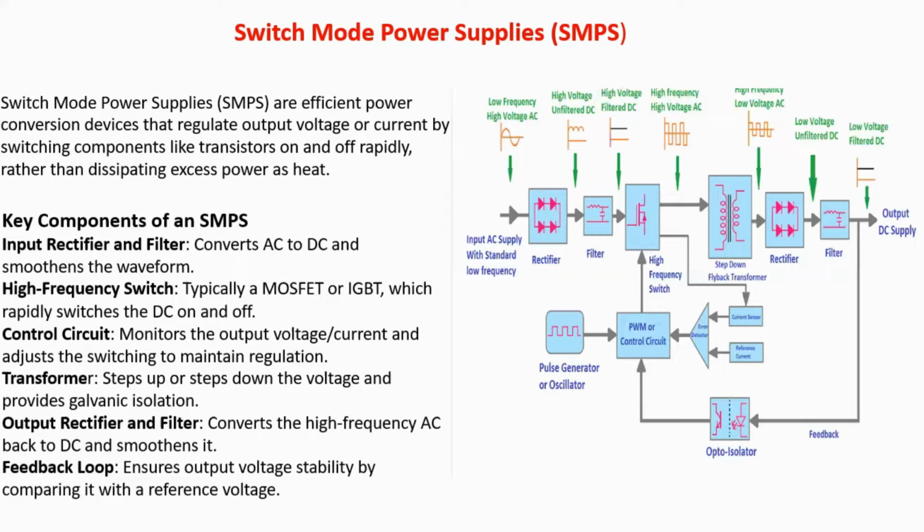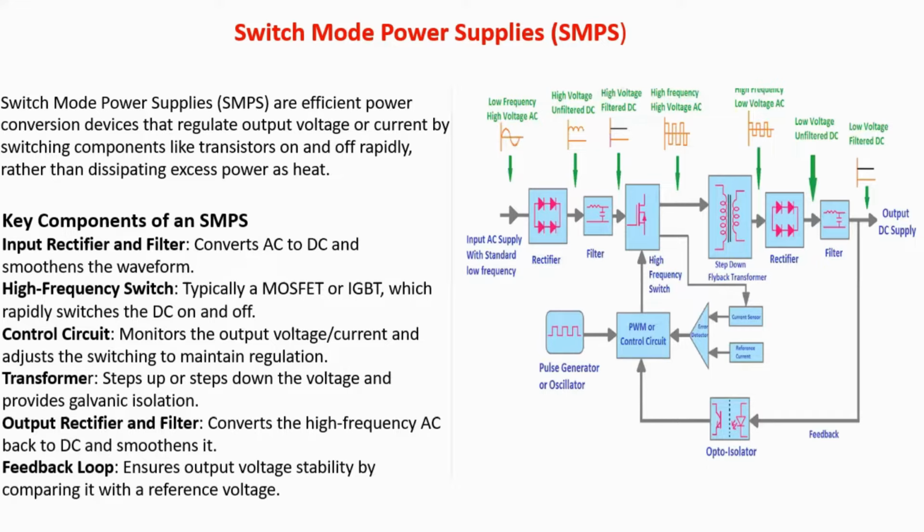After the high frequency switch, it goes to the step down transformer. After the step down transformer, it is again rectified with the help of a diode, filtered again, and the output is given. Please remember the step down transformer here is also called a flyback transformer. The important part for switching, before the transformer, is the switching transistor.